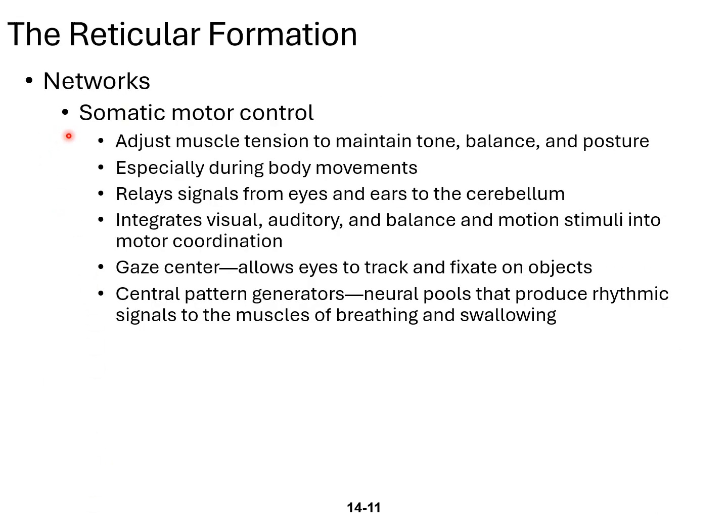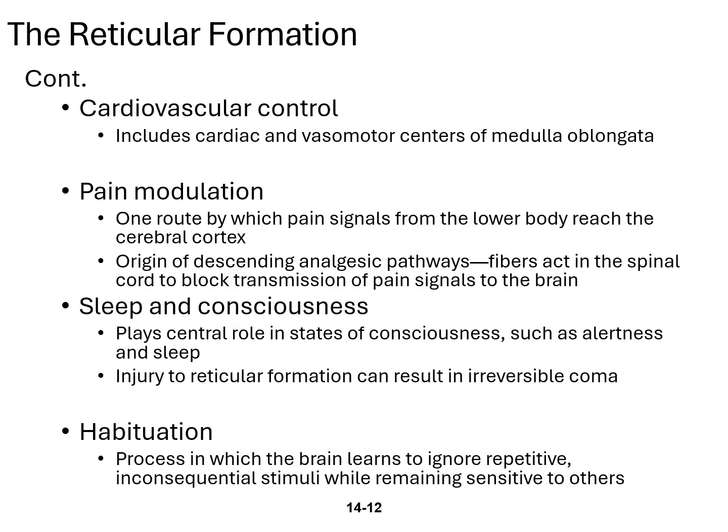You can have networks for somatic motor control. We're not going to go over those again because we talked about them when we talked about somatic and visceral, and we talked about motor, but maintain tone, balance, posture.